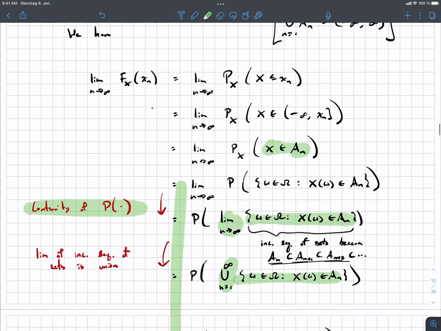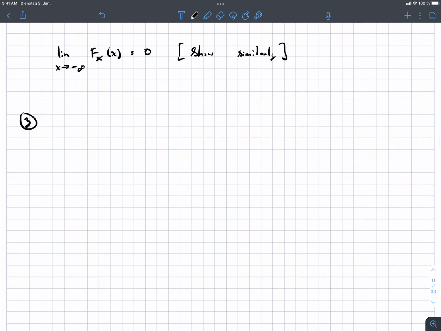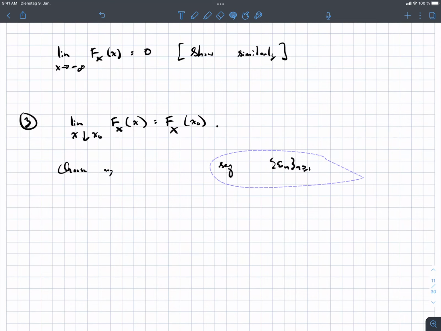Okay, so right continuous. How do we show that we have right continuity? So the limit as x goes down to x0 always needs to equal this. Okay, so the way we can show this is we can choose any sequence epsilon n, and let's make it a decreasing sequence.